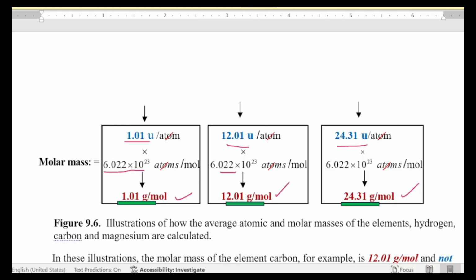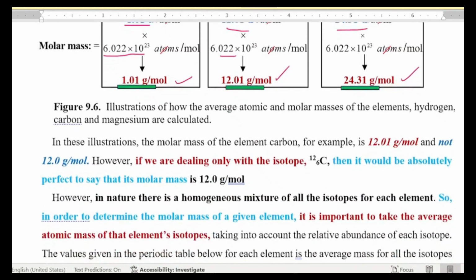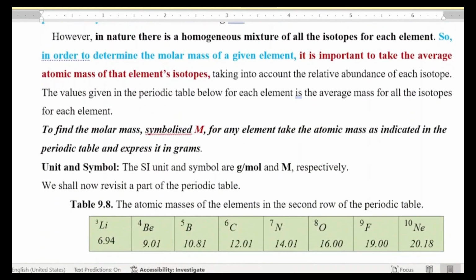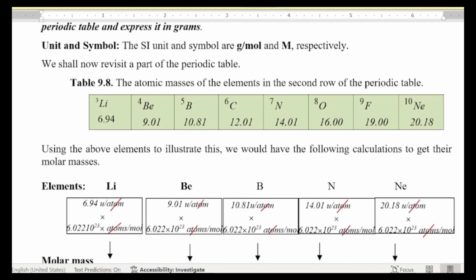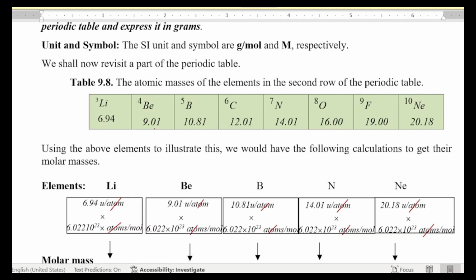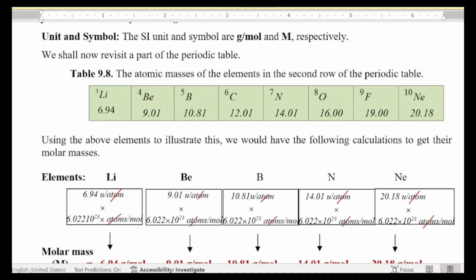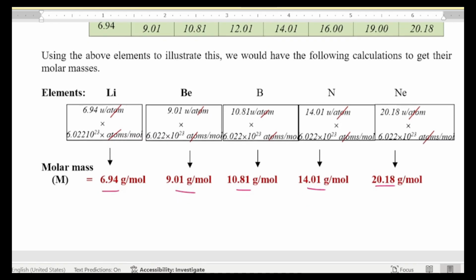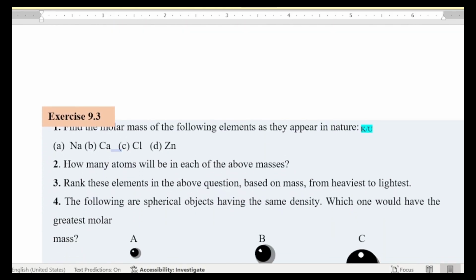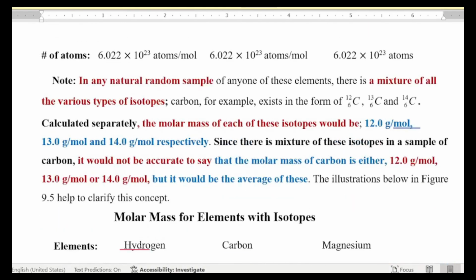Of course, the same principle is used to find the molar masses for all the other elements, as the following examples will show. If you multiply each of these by Avogadro's number, you'll end up with a molar mass for each one of these here. And this is the concept of the mole. This is how you find the molar mass for all different types of atoms in the periodic table.